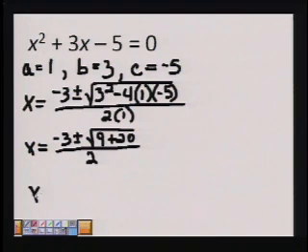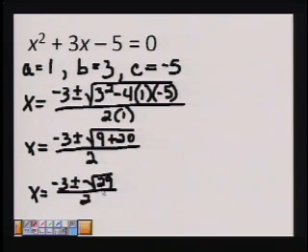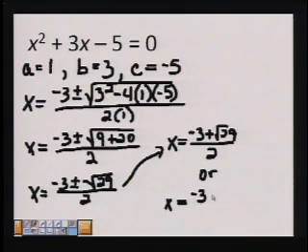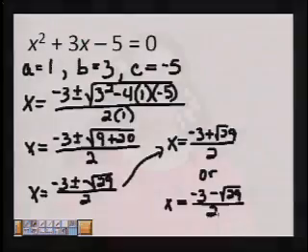So we have x is equal to negative 3 plus or minus the square root of 29 all over 2. The plus or minus sign in the middle means we actually do have two solutions. We have that x could be negative 3 plus the square root of 29 all over 2, or x could be negative 3 minus the square root of 29 all over 2.